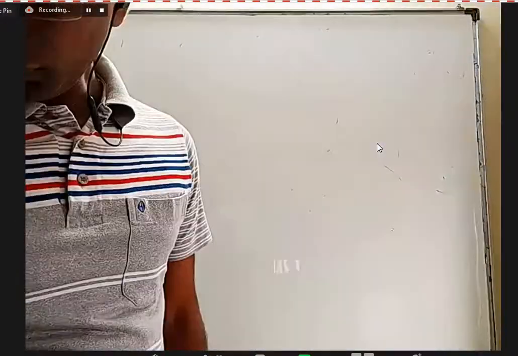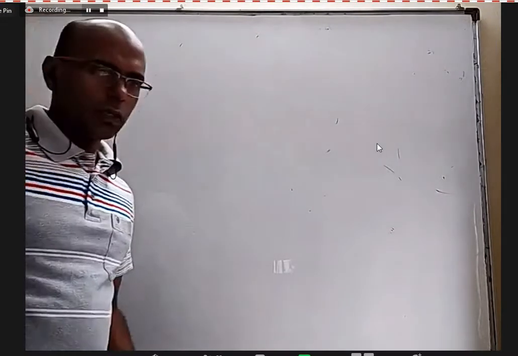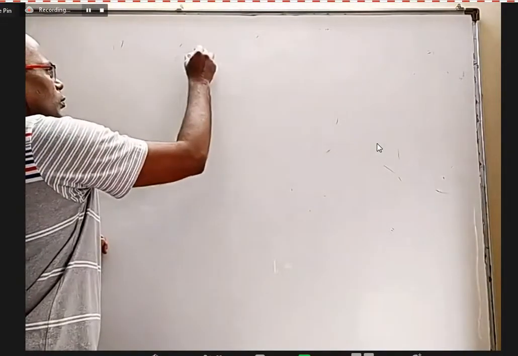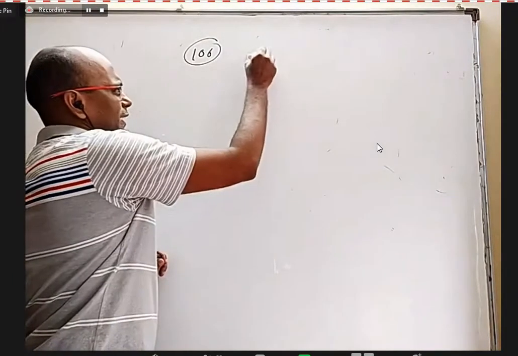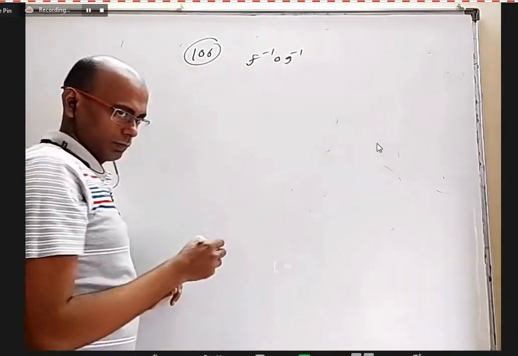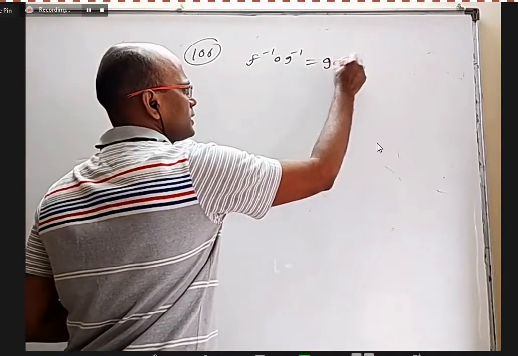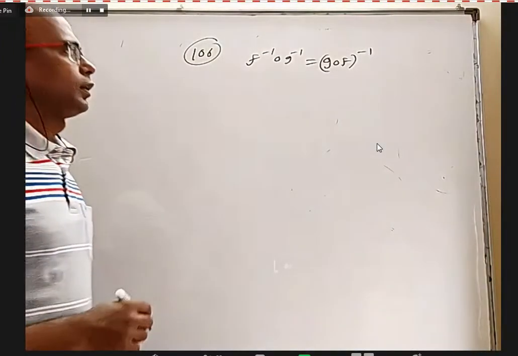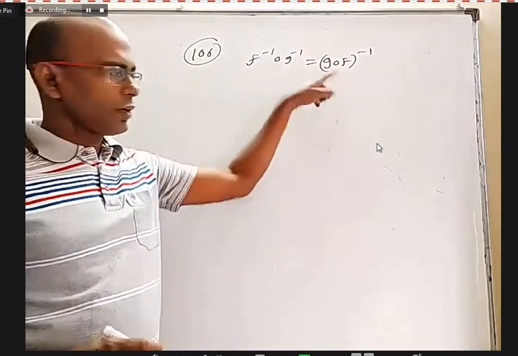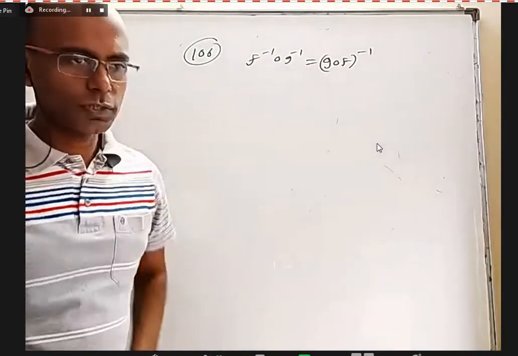Actually, 106, you can find it, not an issue, the domain they want. There is one theorem which I did not tell explicitly. F inverse circle G inverse is actually G circle F whole inverse. That is, we find G of F of x, and the inverse function of that is the same as F inverse circle G inverse.